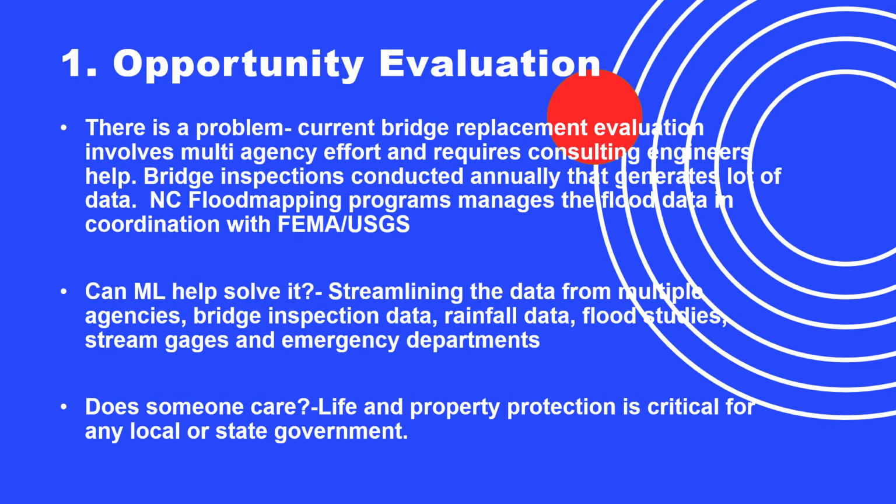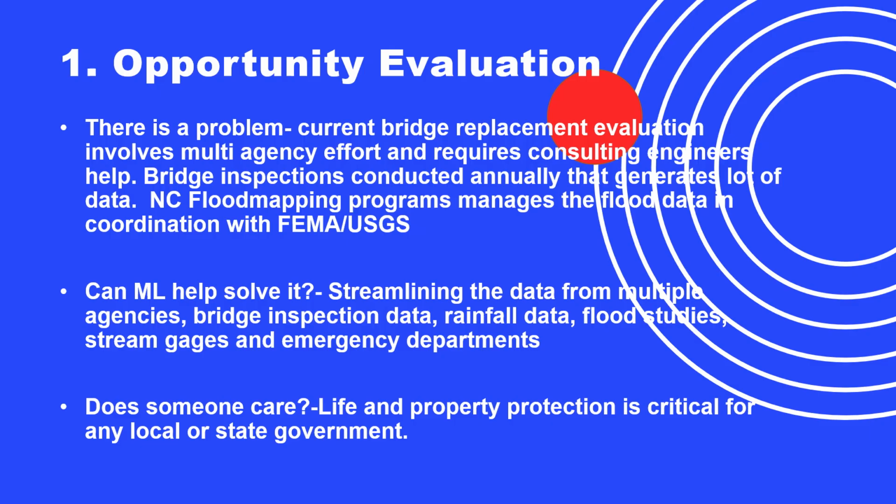So there is a problem in current bridge replacement evaluation that involves multi-level agency effort between the North Carolina Floodplain Mapping Group, FEMA and NCDOT, and ML can help to solve this problem.